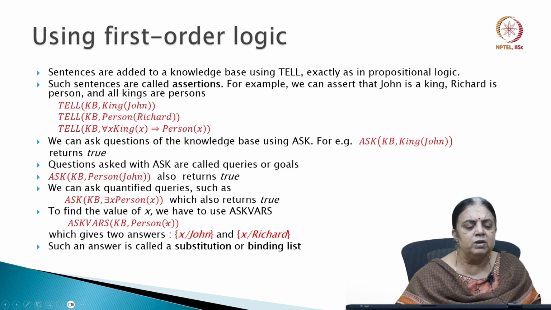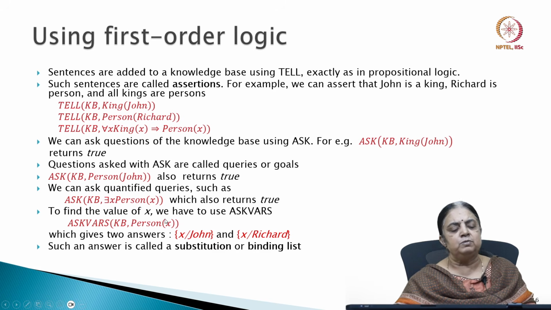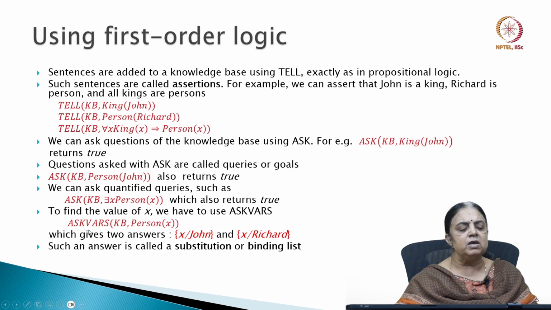Here you are trying to ask who can be substituted for x there. There are two substitutions possible here: x can be John or x can be Richard.